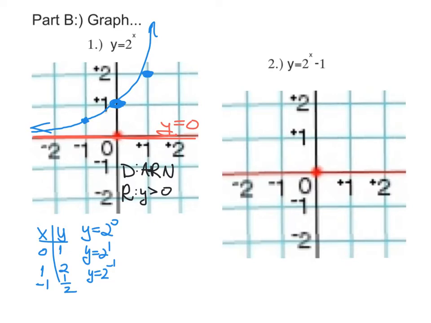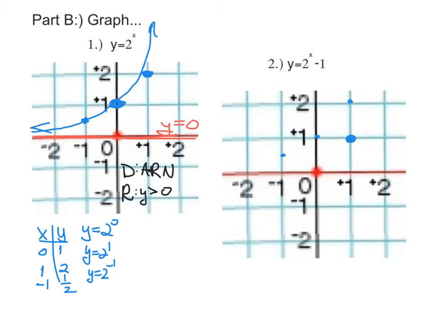Moving on to y equals 2 to the x minus 1, because that minus 1 is outside of the parent function 2 to the x, what it's going to do is take every single one of those points that we just graphed, 1/2 and 1 and 2, and subtract 1 from each of those values. So we can literally just take each of these points and drop them down 1 unit.